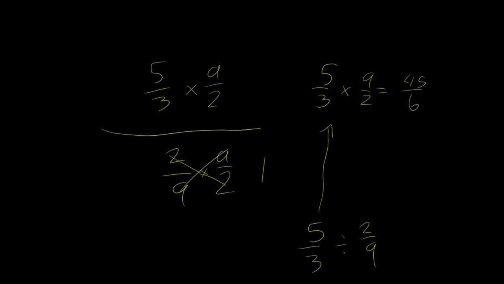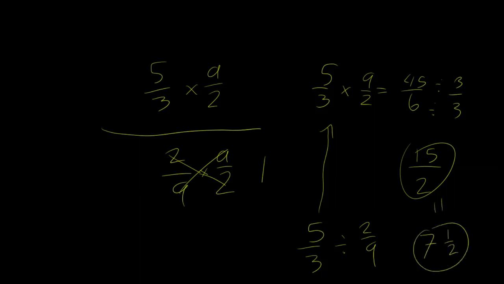And if we divide both sides by 3, we would get 15 over 2, and that would be it. If we wanted a mixed number, we would divide this. That would be 7, and remainder of 1, so that would be 7 and 1/2. So we get these two answers.